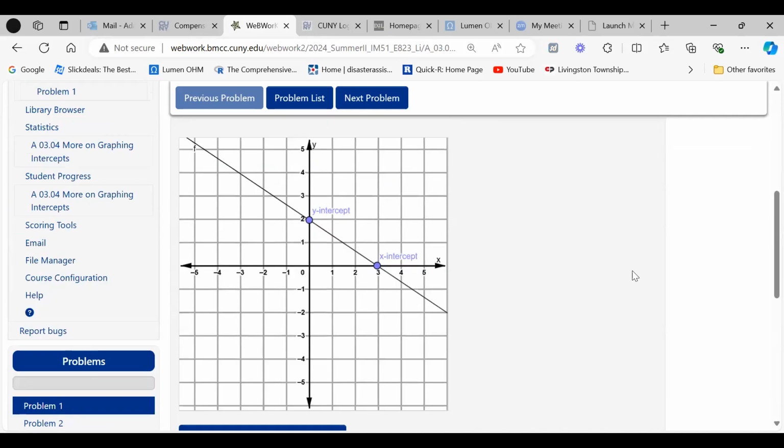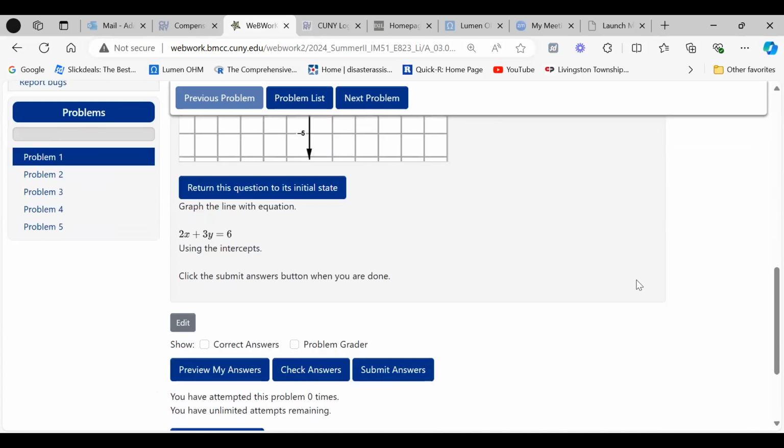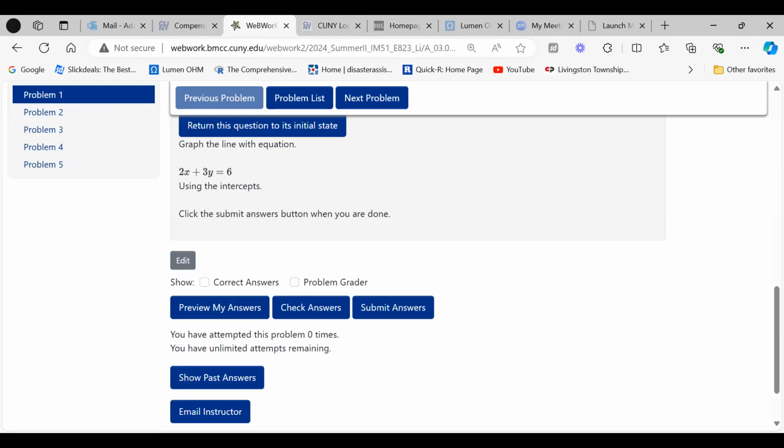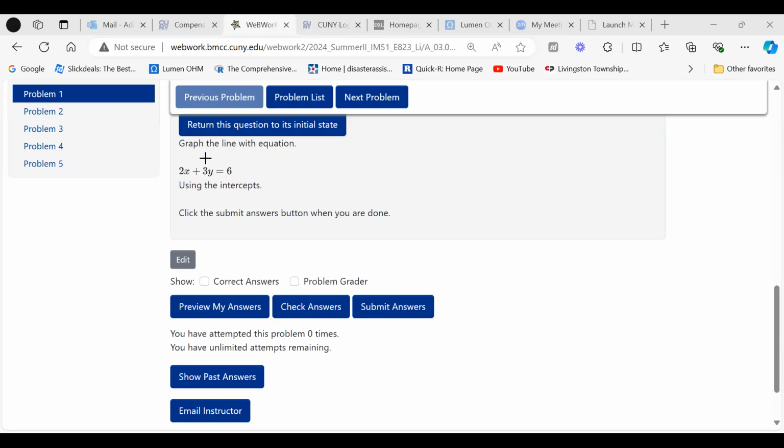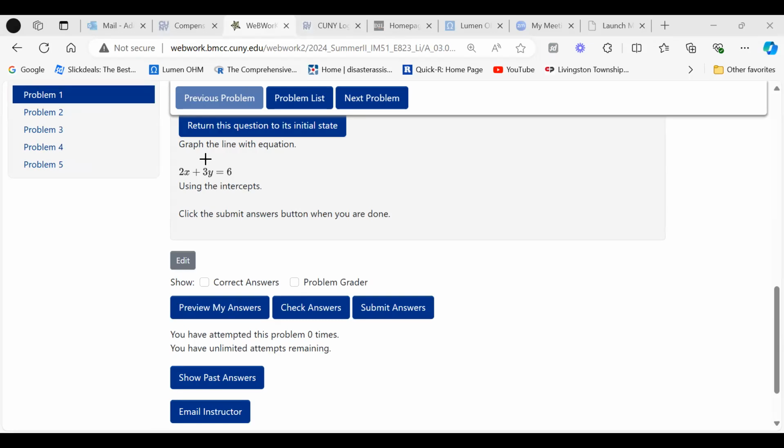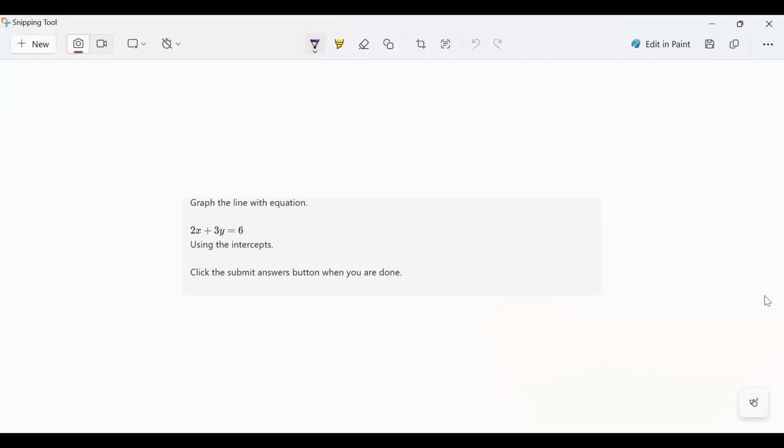Now, one more time, I'm going to show you how to turn this into slope-intercept form. Let's say you want to double check what the slope and the y-intercept will be. So we are converting the standard form to slope-intercept.